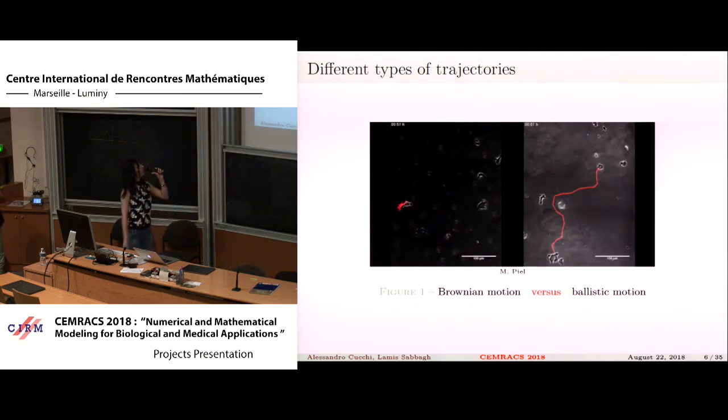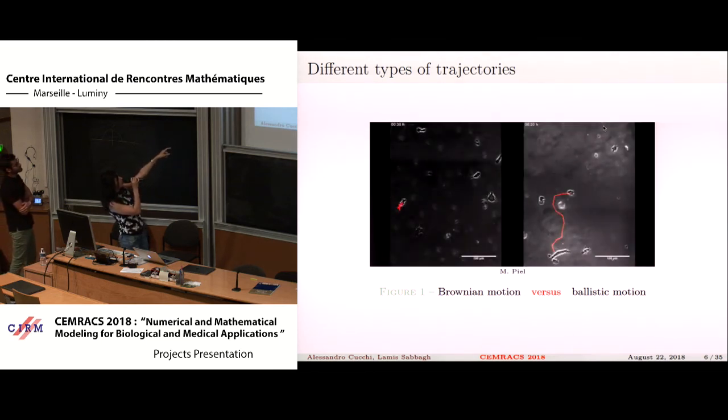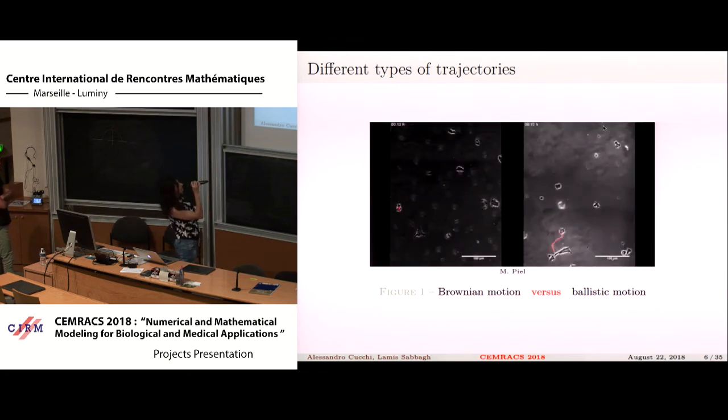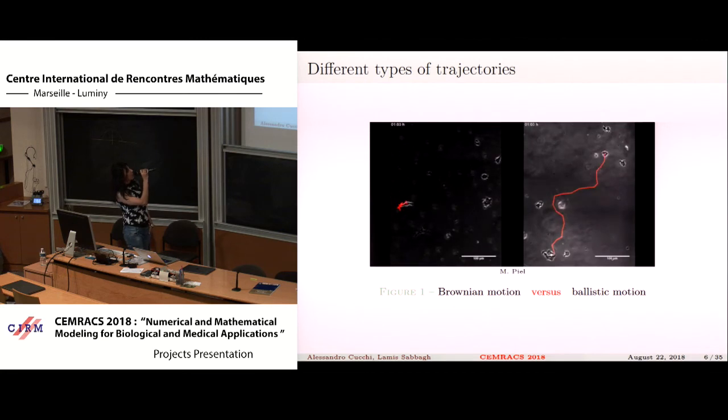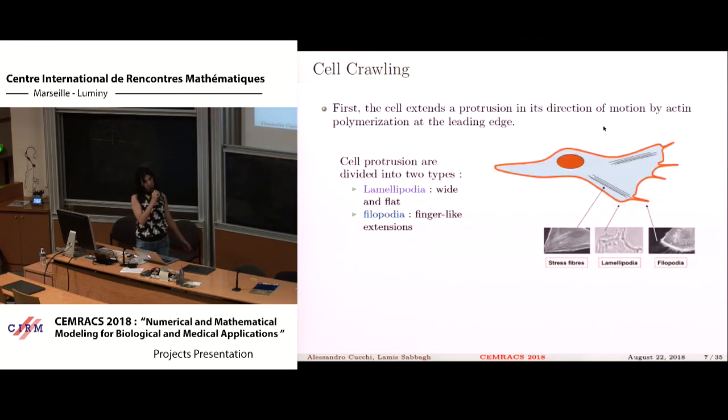Okay, in the first video, we see that the cell has a Brownian motion, while in the second video, we can say that the cell has a ballistic motion. So we have different types of trajectories, and from a biological point of view, the cell crawling phenomenon over a substrate can be divided into 4 steps.